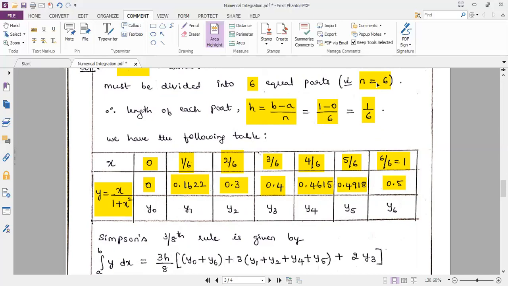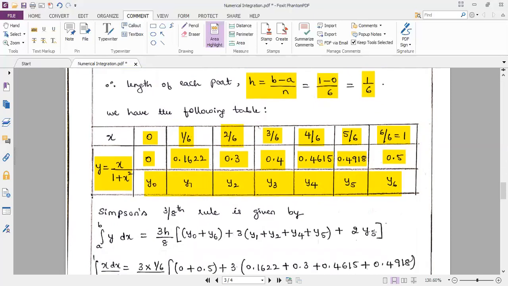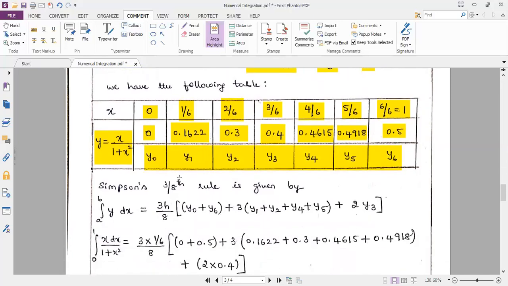Observe, for n is equal to 6, we have 7 ordinates, 7 values of y. Now we will write down the formula of Simpson's 3 by 8 rule for n is equal to 6, which is given by integral a to b y dx is equal to 3h divided by 8 into y0 first term plus the last term.